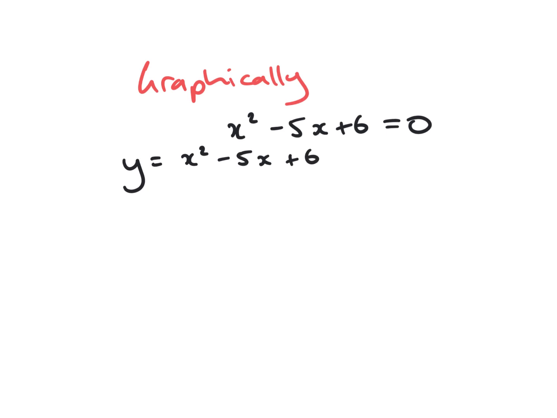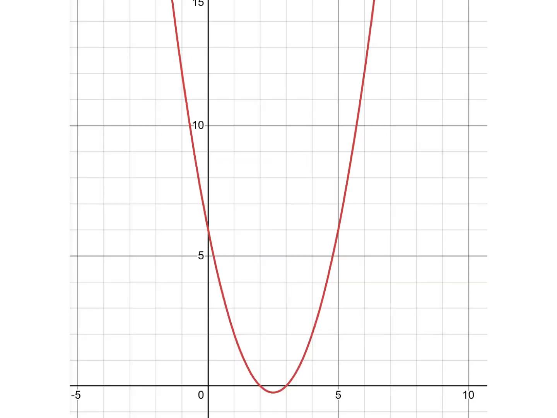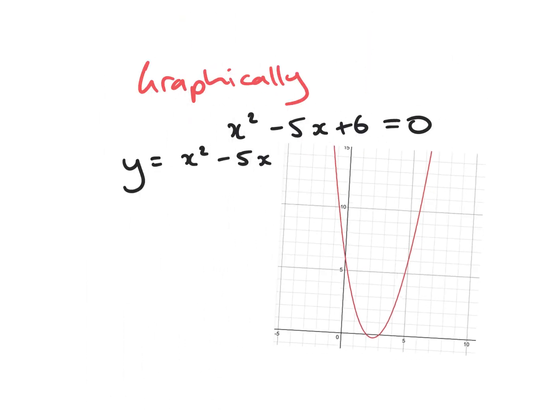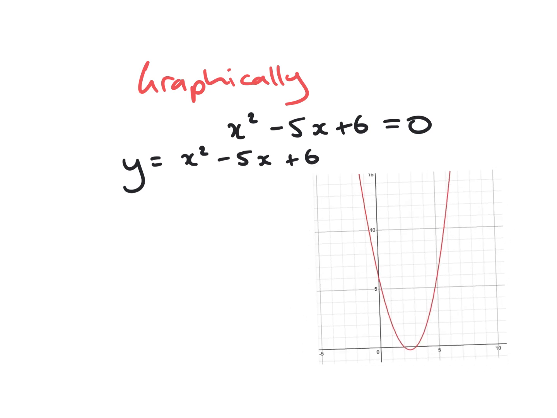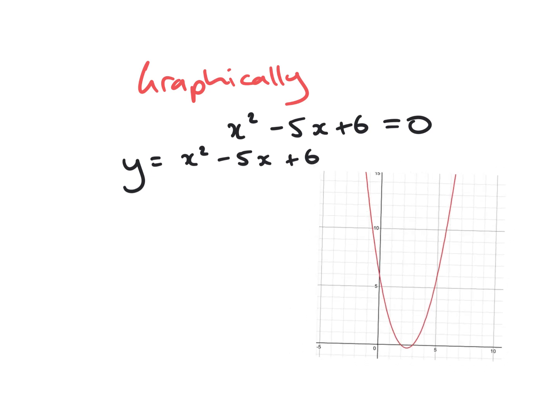So let me just get an axis up. And here is what it looks like when you actually graph it. That is y is equal to x squared minus 5x plus 6. Now, have a look at the difference between this equation, which is an equation because it's got equals, and this equation.